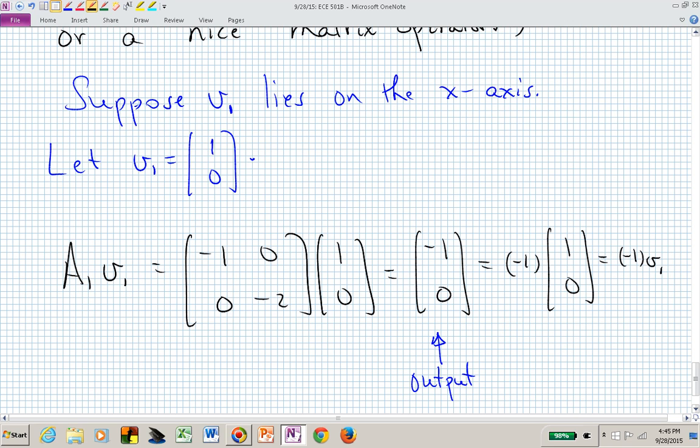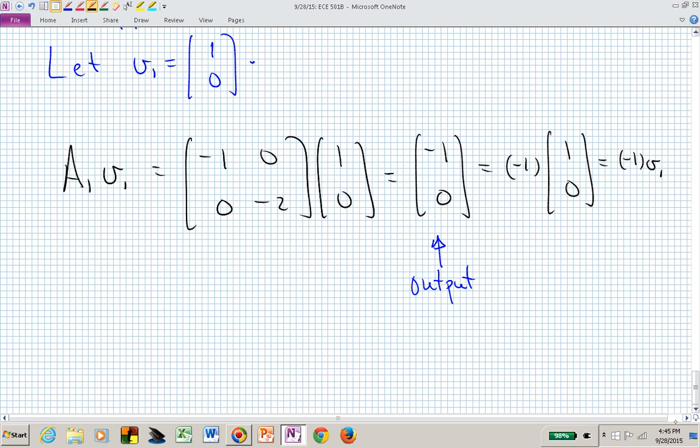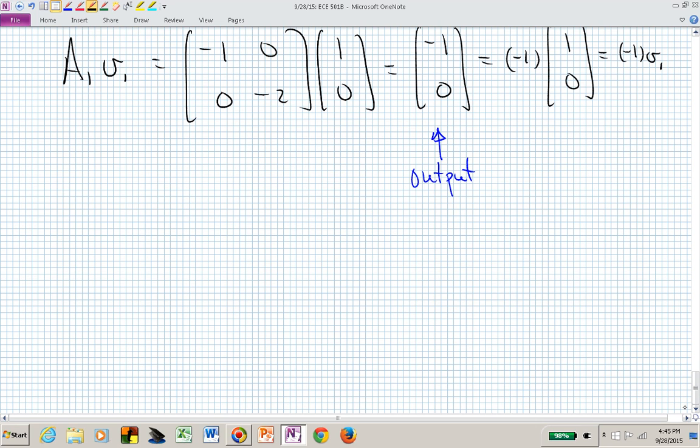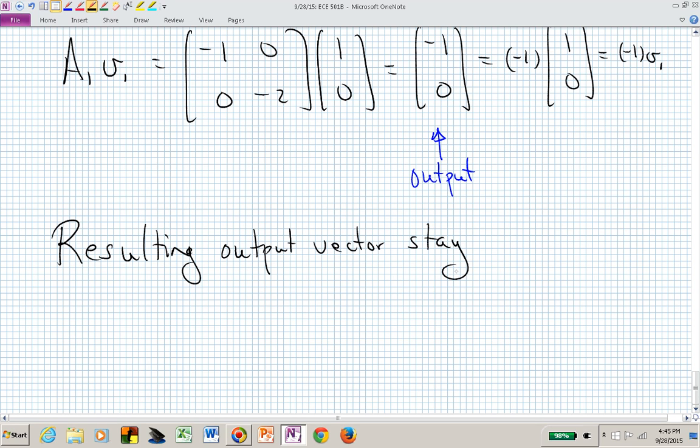And now what do we have? Now we have this eigenvalue eigenvector equation that we talked about recently. In words, where does the output vector live? X-axis, y-axis, xy plane.